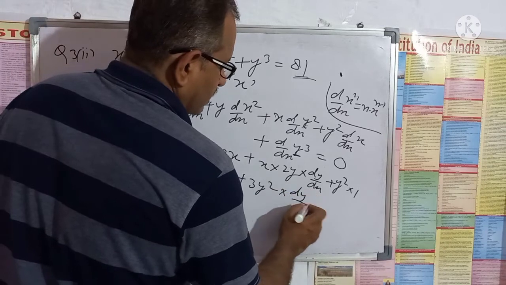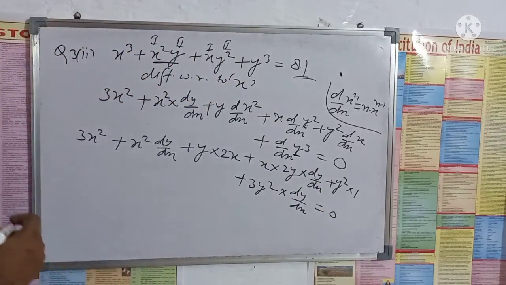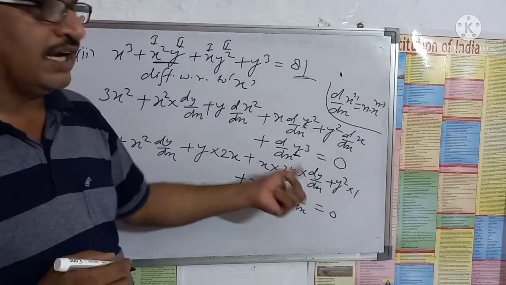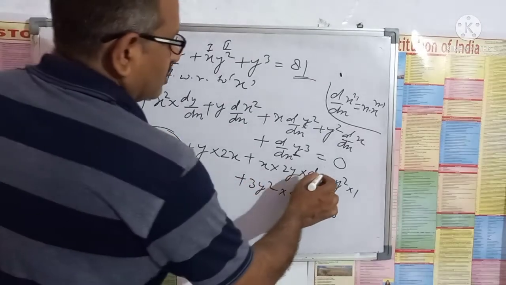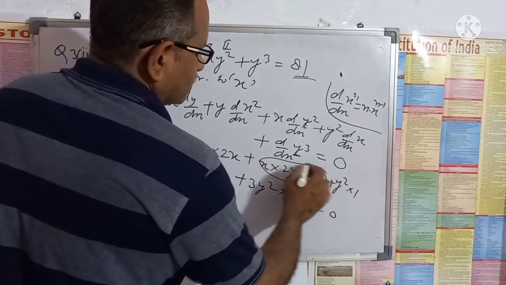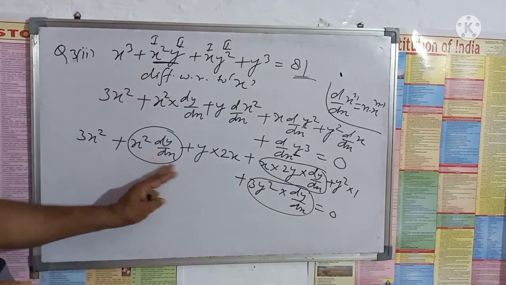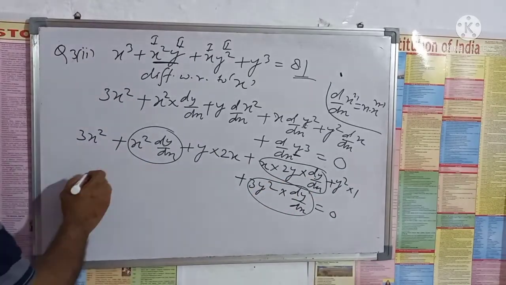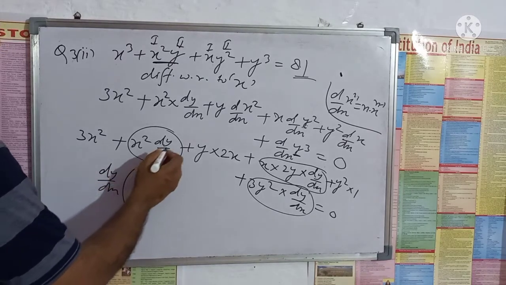So dy by dx is equal to 0. Collect all the dy by dx and take common. So here dy by dx, dy by dx is coming here and dy by dx this one. So these three terms contain dy by dx. Take dy by dx common. So what can we get?